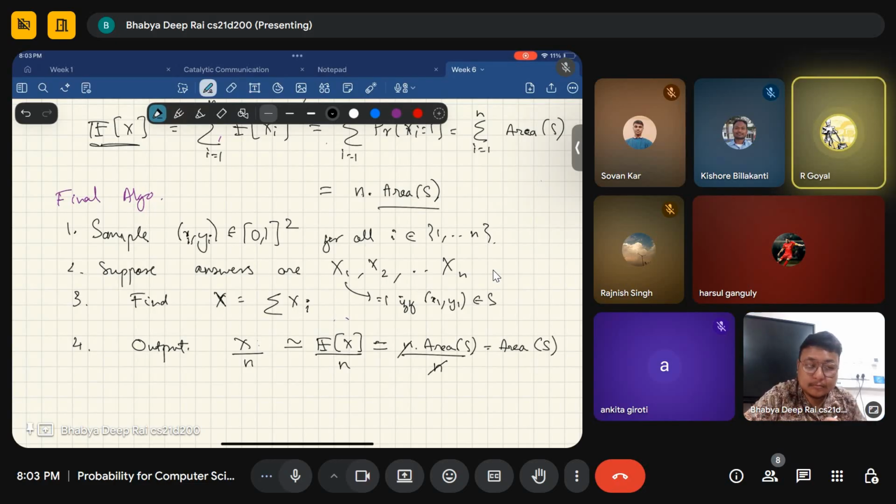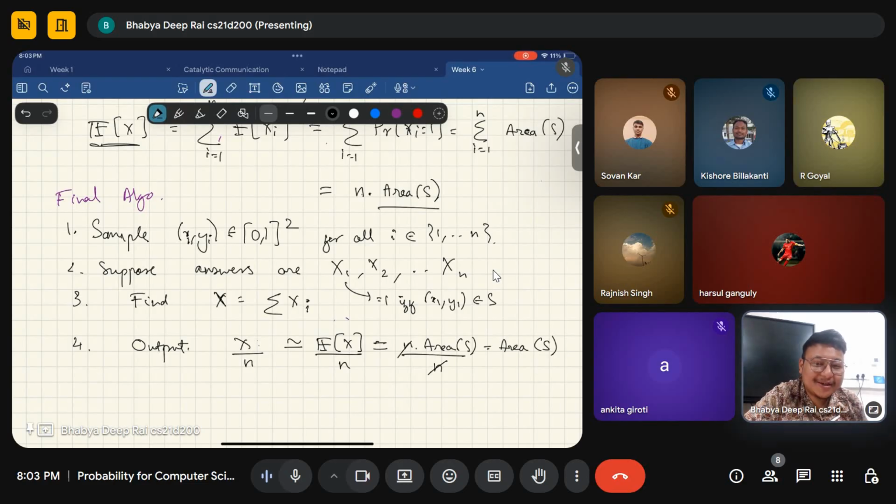But if I take only 10 samples, then the value of the area will come out to be pretty small compared to the original one. So you need to take larger and larger values of n to be more accurate. Even if you take like 100 samples, you will get a pretty good estimation.